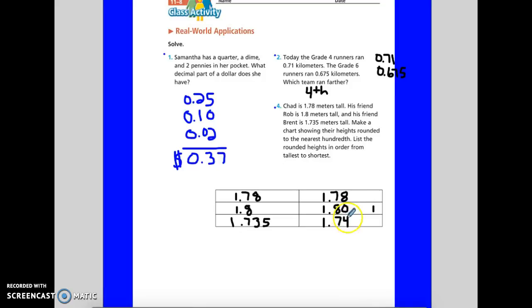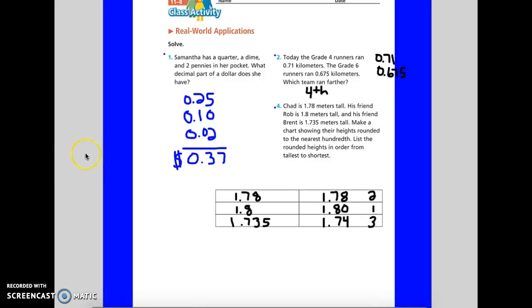And I have an 8 and a 4 and a 0. So 8's the biggest. So this is the second tallest. And our third tallest then would be the 1 and 74 hundredths, or Brent's. So you can see we have to do multiple different steps in that word problem in order to figure it out.